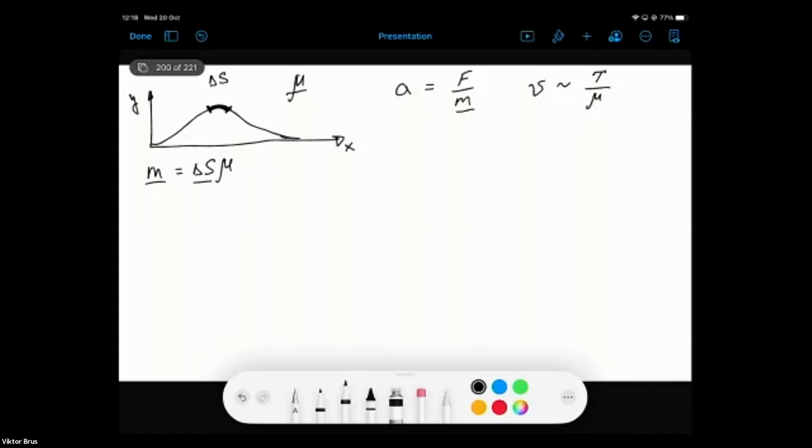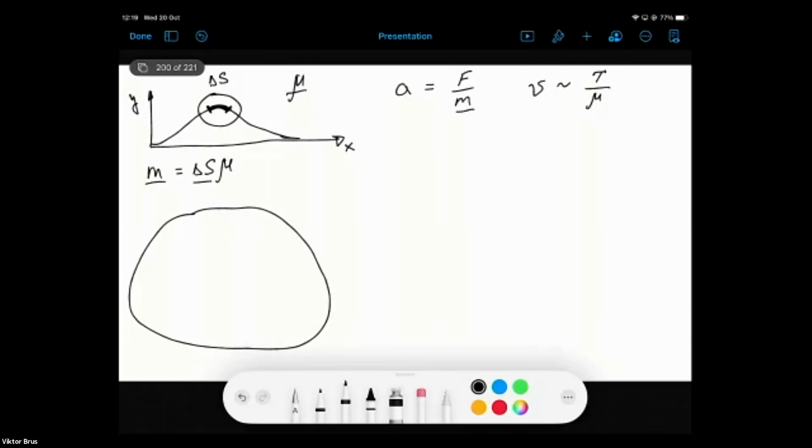So now, in order to come to this quantitative part, let us consider this small element of the string in more detail. So let us consider this particular area. Let us draw it here, kind of enlarged.